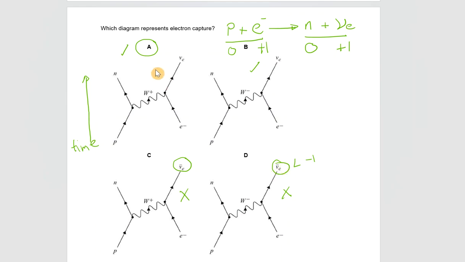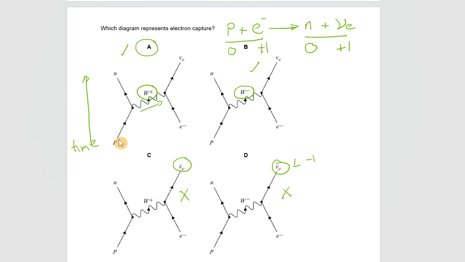Okay, so which one is it, A or B? The only difference between the two is whether the interaction is with a W plus boson or a W minus boson. The plus or the minus represents the charge being carried across in this particular case.